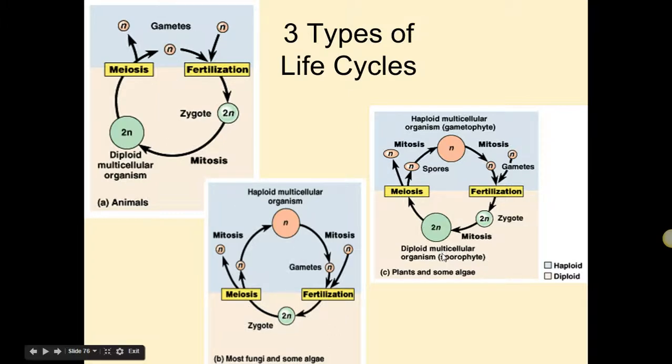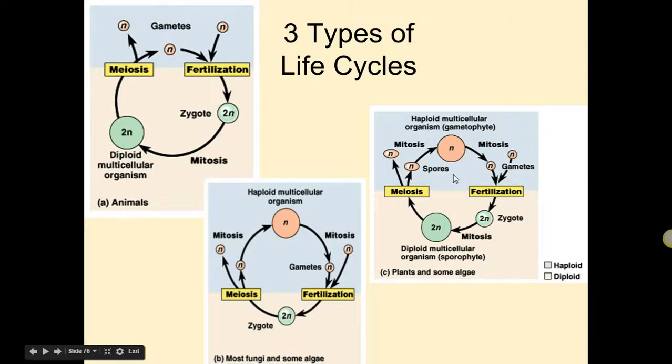And then a lot of plants and some algae have an equal amount. This is called the alternation of generations. You might want to take note of that. Basically, the first generation spends their time in their haploid stage, and that's called the gametophyte, if I'm correct.